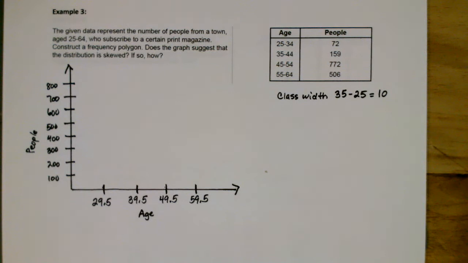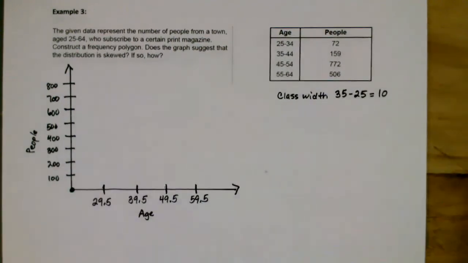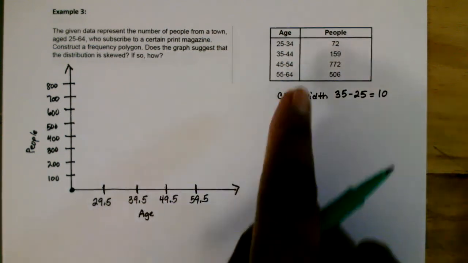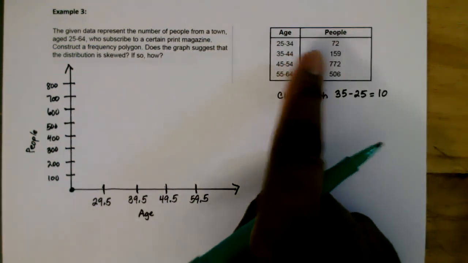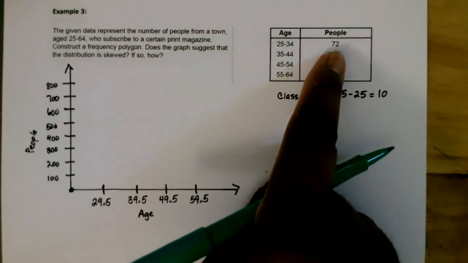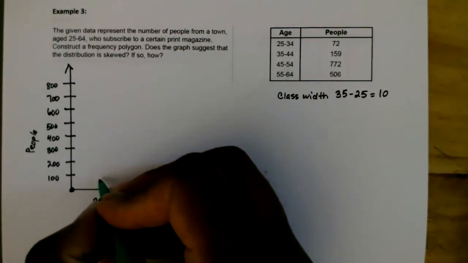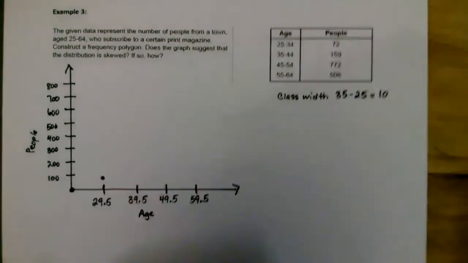Now let's do the frequency polygon. I'm going to draw a point right here at this point of intersection for the horizontal and vertical axes. Now at 29.5, that's the class midpoint for 25 to 34. It's 72 right here for the number of people. So I'm going to have to guess right here. So 72 will be about right here because it's less than 100.